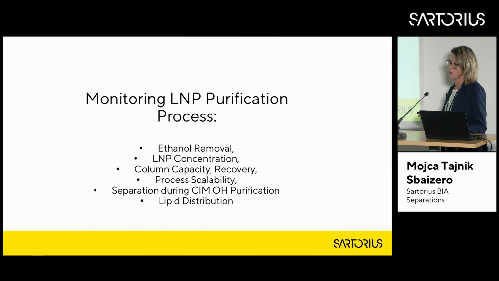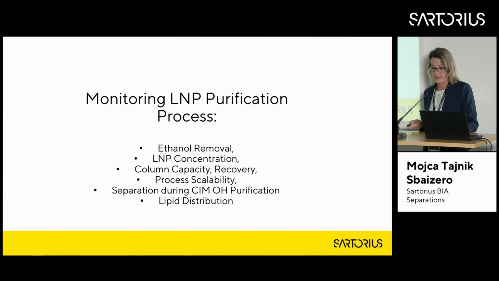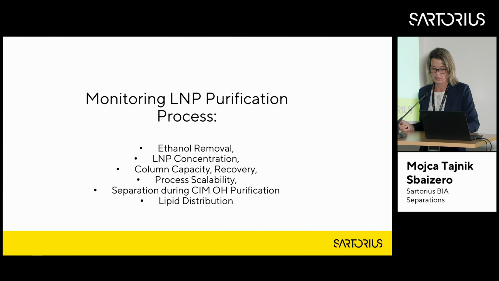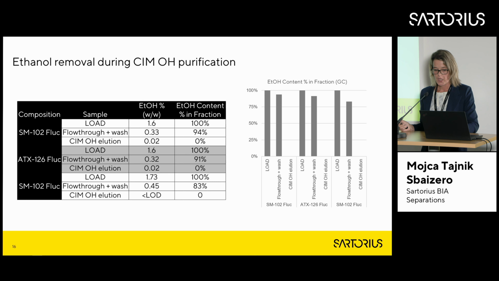This is important, like what column size to use for the start and for the later stages, how you can scale up the process, if you get some separation during the chromatography, and what happened with the lipids during the OH chromatography.